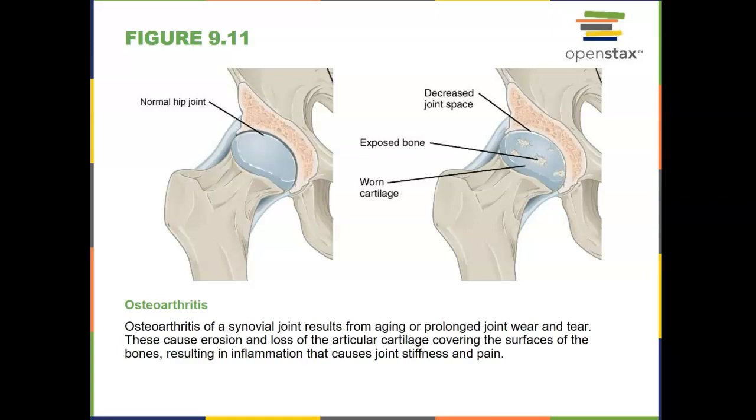However, here's the good thing, runners and athletes out there. If we do not damage the cartilage, there are chondrocytes in there that will maintain healthy cartilage throughout our life. So there was a study done looking at cartilage in athletes and how cartilage changed over their lifespan.